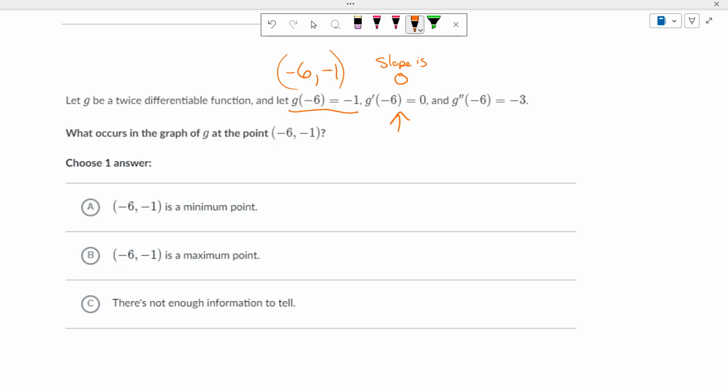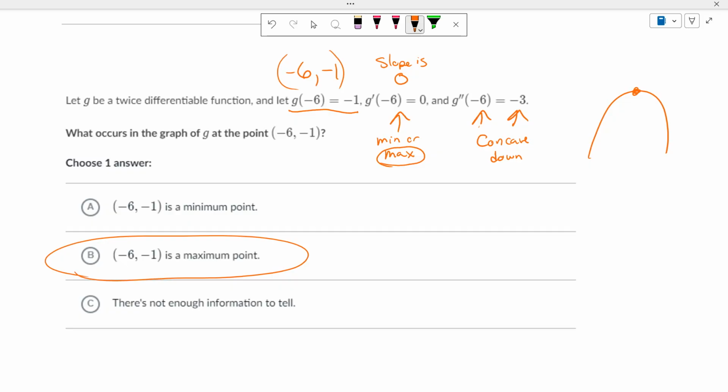It's either a min or a max. The second derivative is negative. That means it is concave down. When it's concave down, what will this be? It'll be a max. So 6, -1 is a maximum point. That's what this gobbledygook all says. But you got to go through it one thing at a time to figure out what's going on.